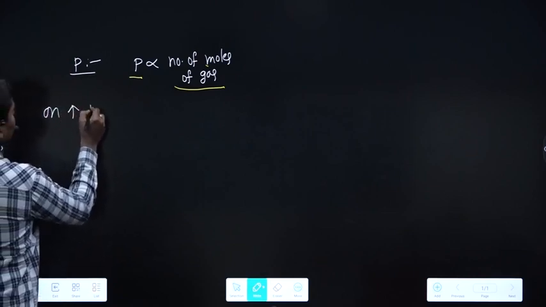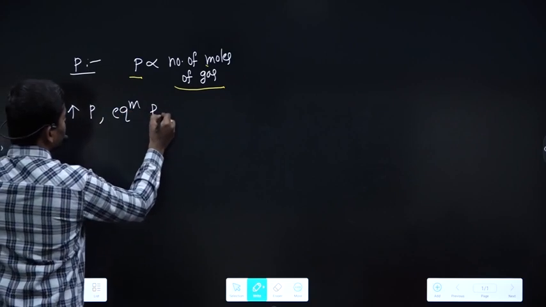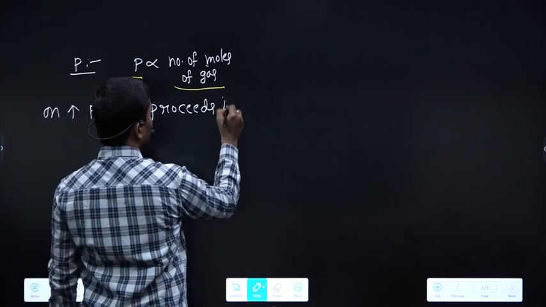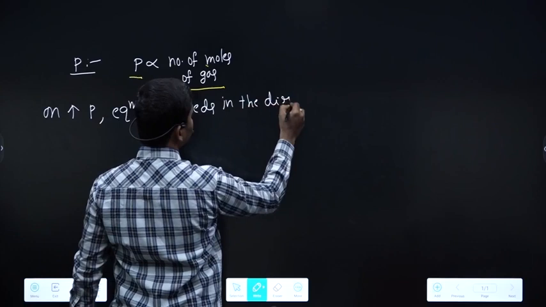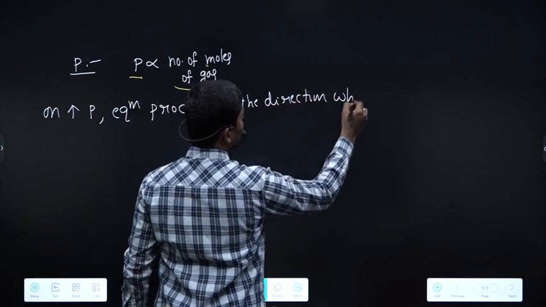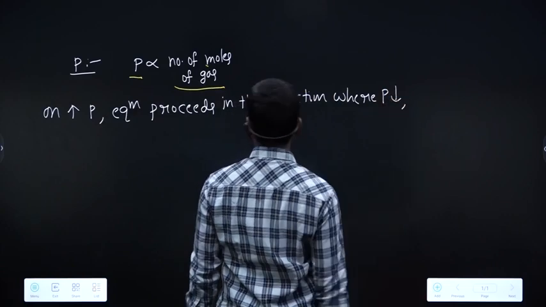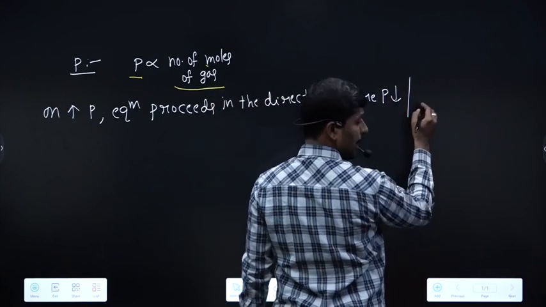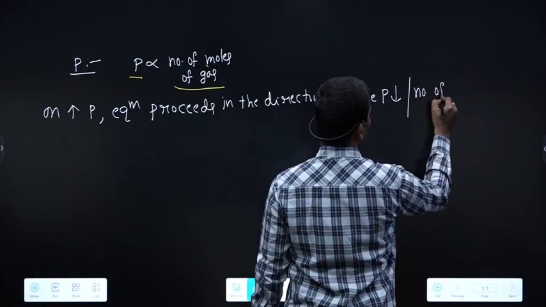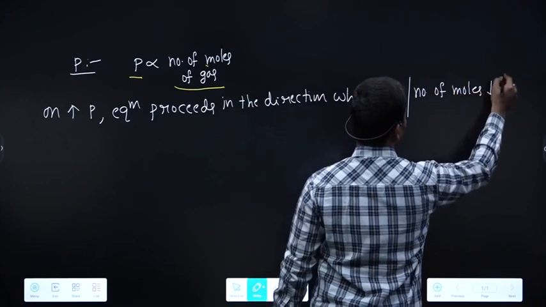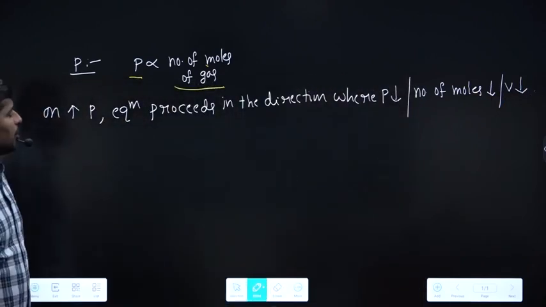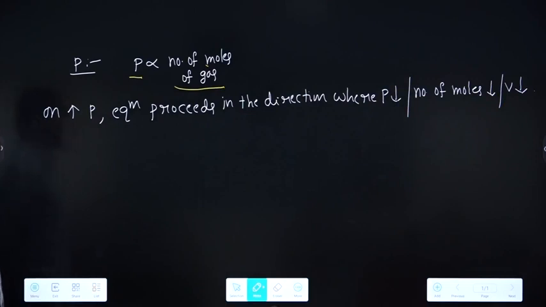On increasing pressure, equilibrium proceeds in the direction where pressure decreases, or number of moles decreases, or volume decreases.